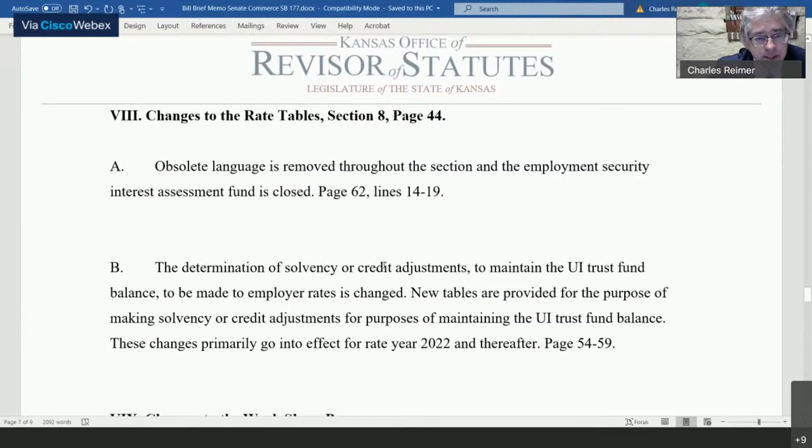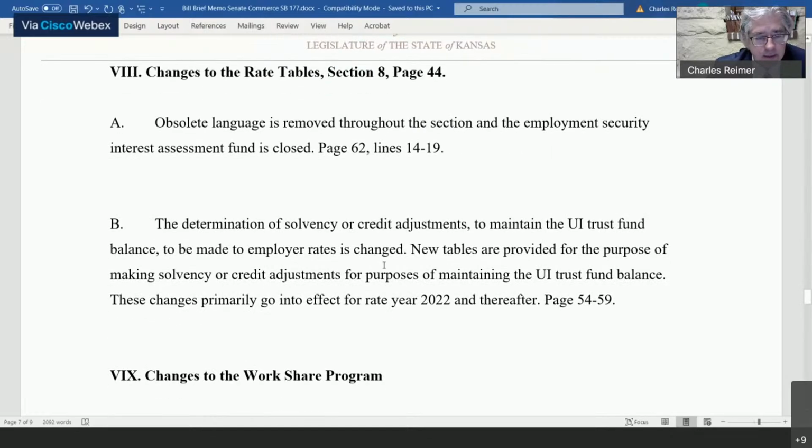Changes to the rate tables. This is an extremely important part of the bill. I'm going to let the proponents, Mr. Hayes, discuss this aspect of the bill. He is primarily the one who created these changes in the rate tables, and they are significant changes, but I will let him talk about them in more detail.